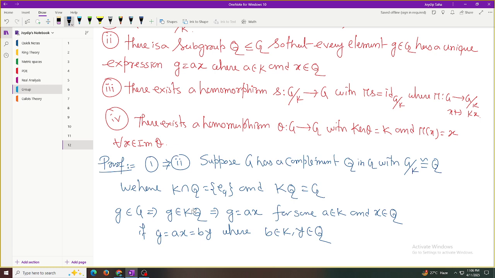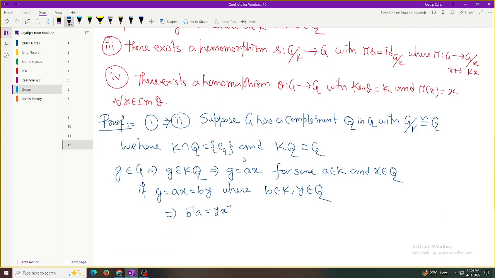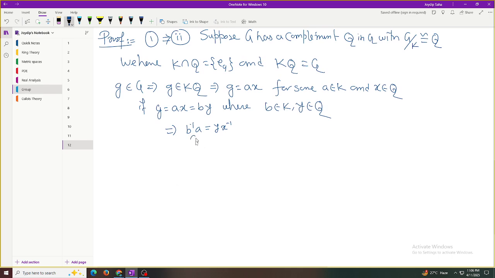This implies B inverse A equals Y X inverse, and that belongs to K and that belongs to Q.